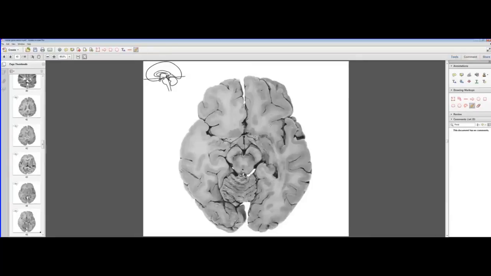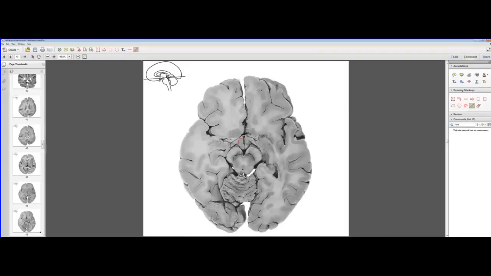Okay. So now we're getting more ventral, obviously. Do you know what hole this is right here? Is that the cerebral aqueduct? No. This is the third ventricle, the very bottom of it.